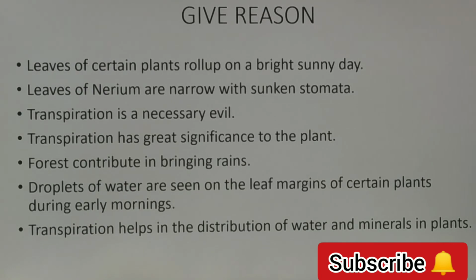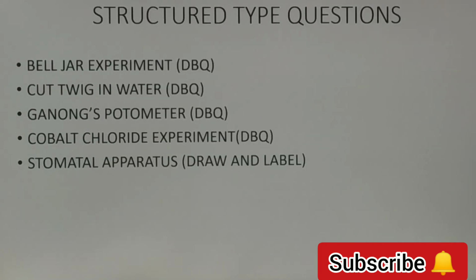So it is transpiration which provides a suction pull which is exerted on the column of water in the xylem, which contains these mineral salts, and thus transpiration helps in the distribution of water and minerals in plants. So I hope the give reasons are clear to you.